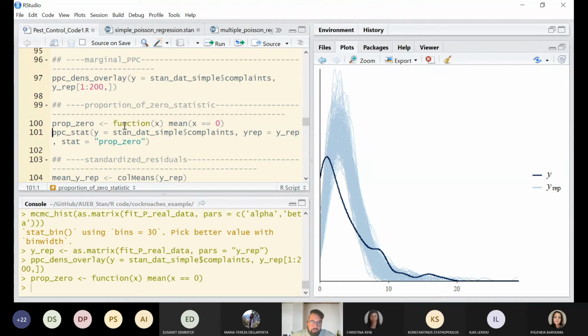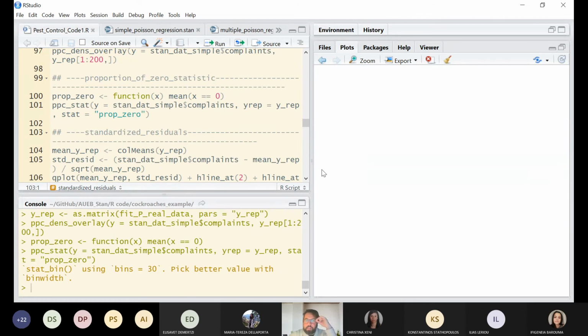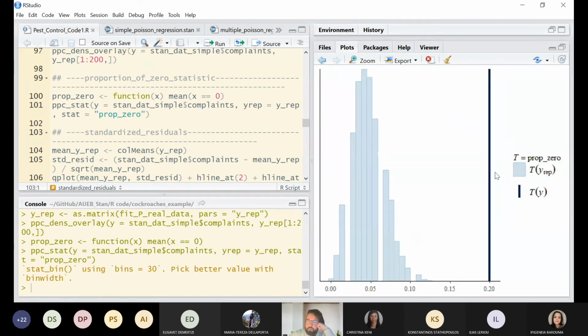I create the function prop0, and by creating the histograms, as you can see, the blue line is the proportion of zeros in the observed data vector, whereas the distribution of the proportion of zeros in the replicated vectors is completely far from the observed one.